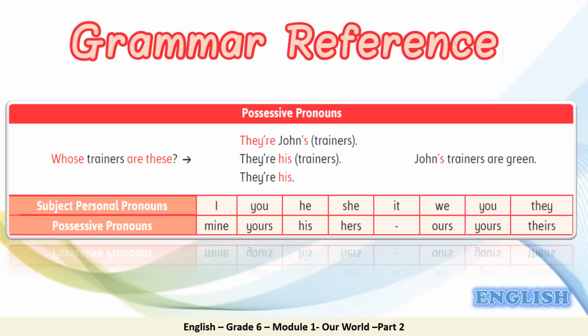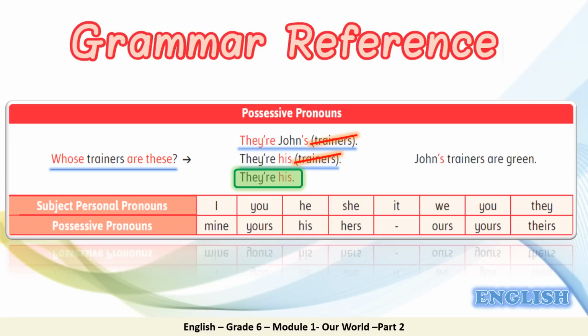The question is, whose trainers are these? The answer, they are John's trainers. Or we can say, they are John's. Also we can say, they are his trainers. Or they are his, to use the possessive pronoun in this green box. So in this green box, the word his is a possessive pronoun.